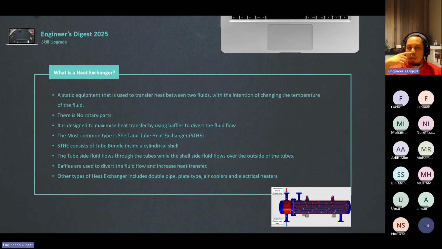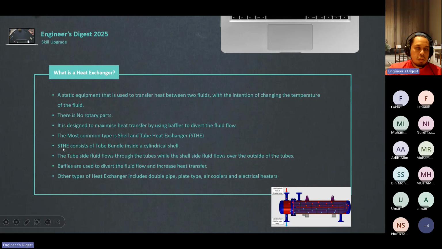There are other heat exchangers out there. I think after shell and tube, it will be the air fin cooler, widely used. And then there is plate type. We'll take a look at the other types of heat exchanger after this. But the most common is shell and tube, so you want to know it very well.